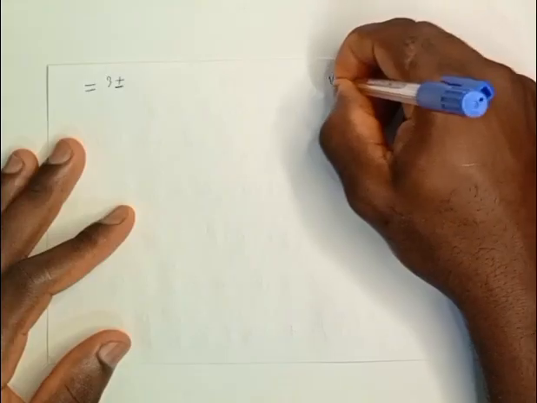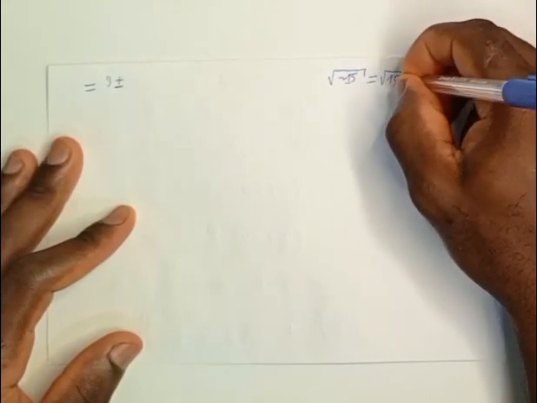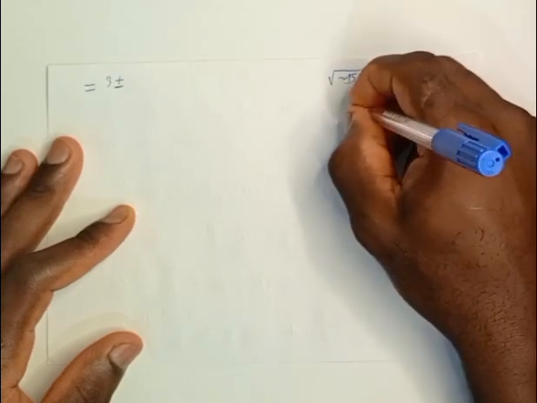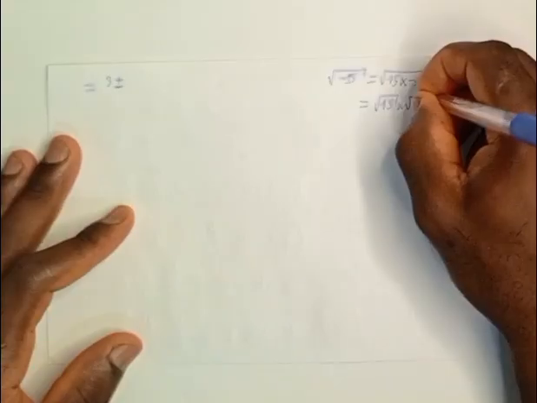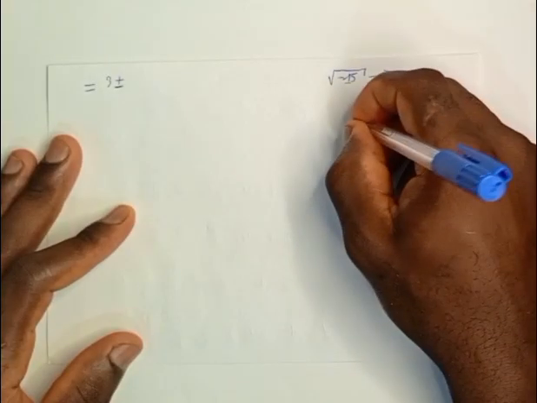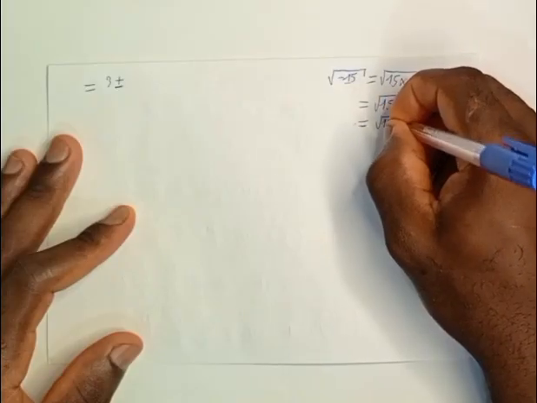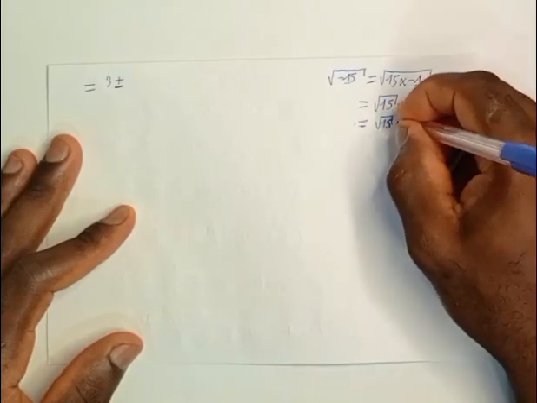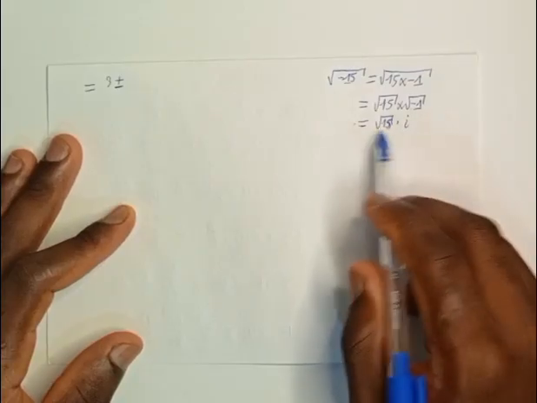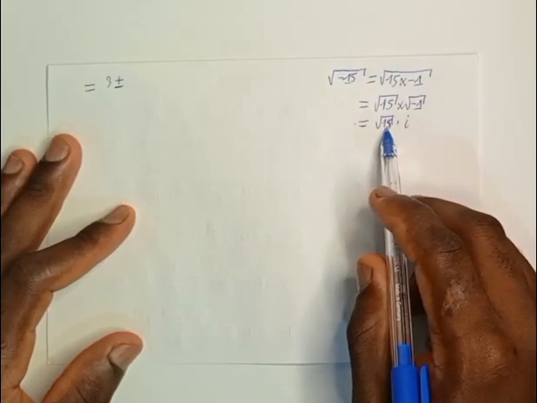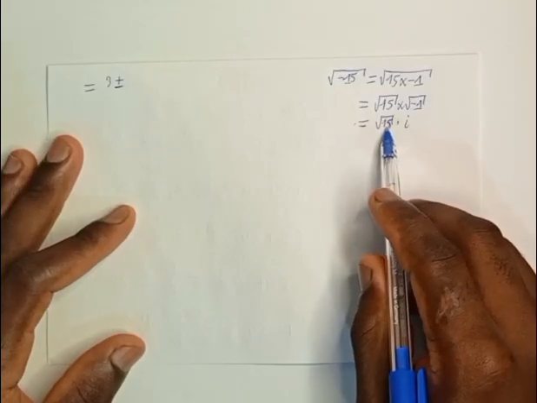We can express this as the square root of 15 times negative 1, which can be broken as the square root of 15 times the square root of negative 1. This will simply be equal to root 15 times the square root of negative 1, which is i. Now this will give us root 15i. Remember, the square root of 15 is a surd, and we cannot further simplify this. We are going to leave it as such.